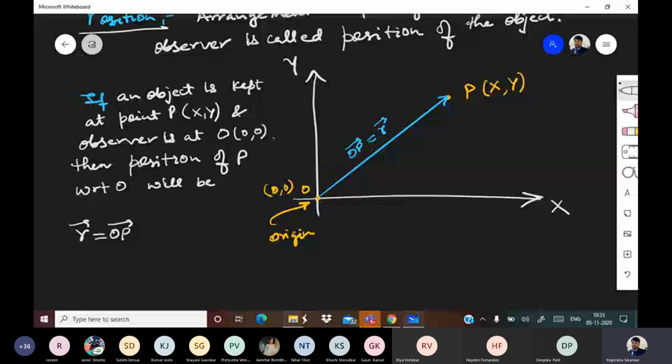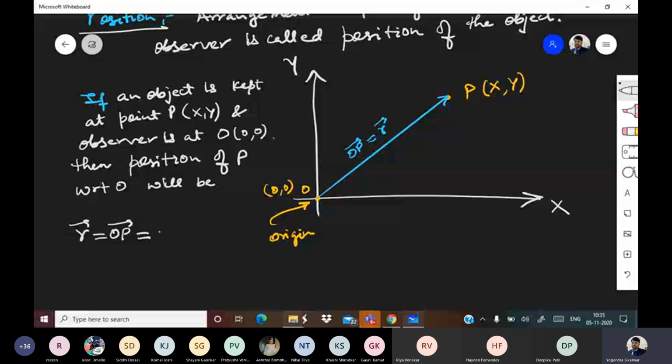And that OP vector can be written as, now the coordinates are x, y. So x, now what is the unit vector along the x-axis? It is i cap, plus y. What is the unit vector along the y-axis? It is j cap. So the R vector will be x i cap plus y j cap. So this is in vector form.